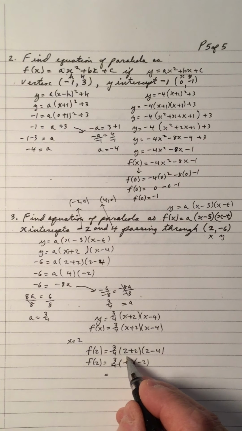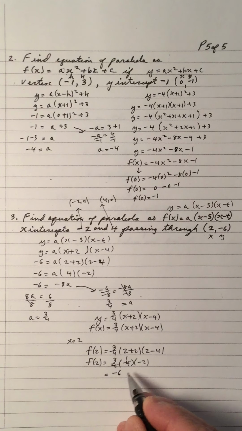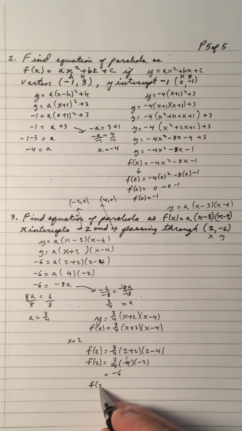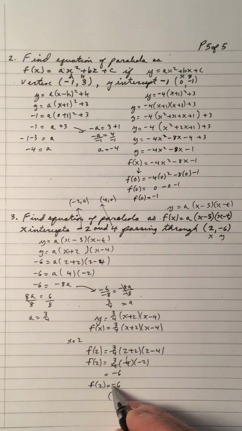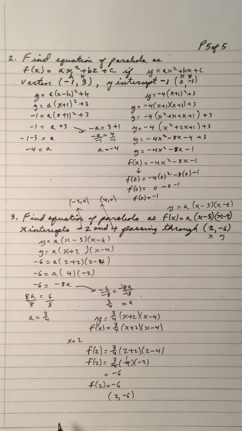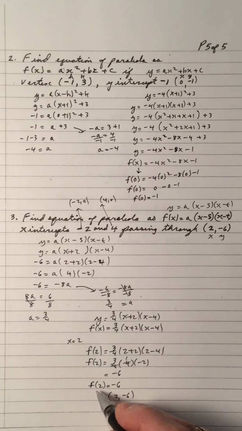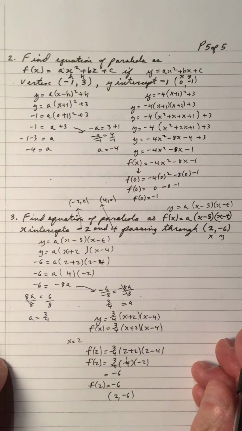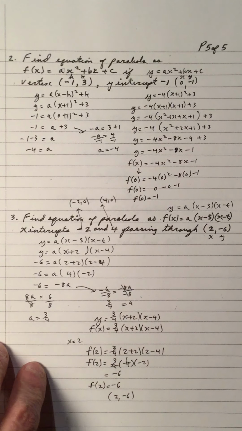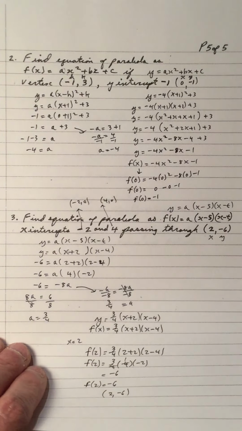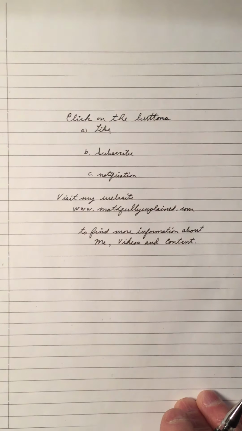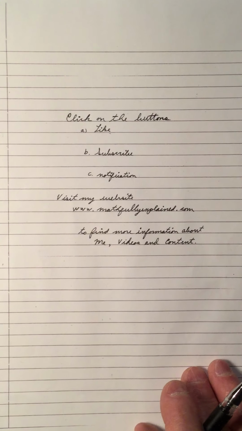And we cancel, we get 1s. So that gives me negative 6. So the f of 2 gives me negative 6. So that means when x is 2, f of x is negative 6. F of x is the y. So the f of 2, x is 2, y is negative 6. Don't get confused on the function notation. Just be careful. And that brings us to the end of the video.